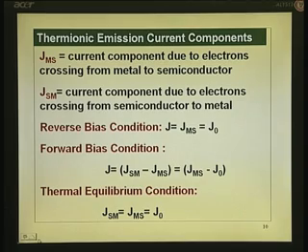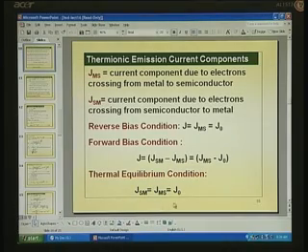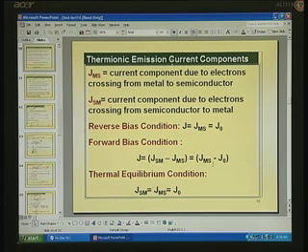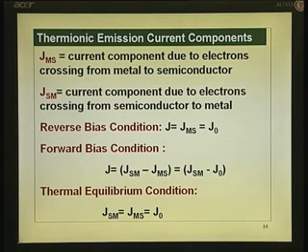Okay, this actually is JSM minus J naught. Is that right? So, that is JSM minus J naught, because JSM is the one that is changing. So, if I have to find out the forward bias condition current, find out JSM.